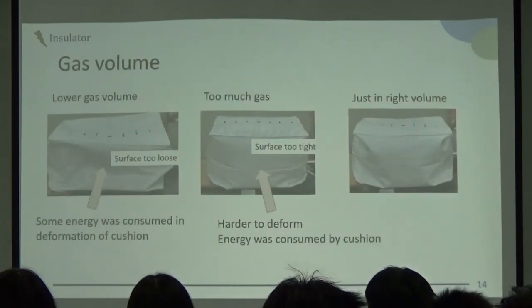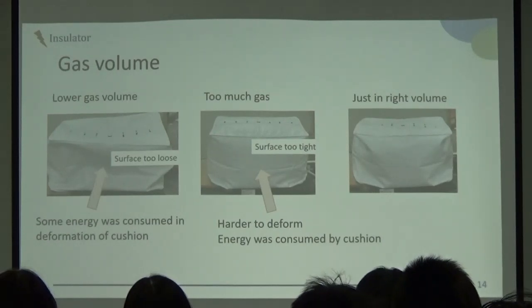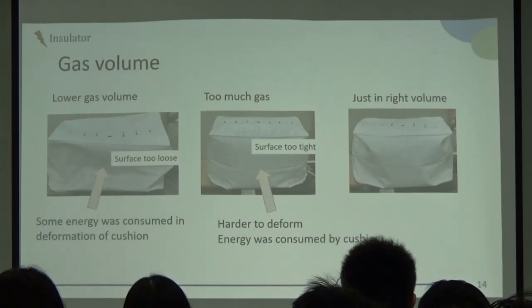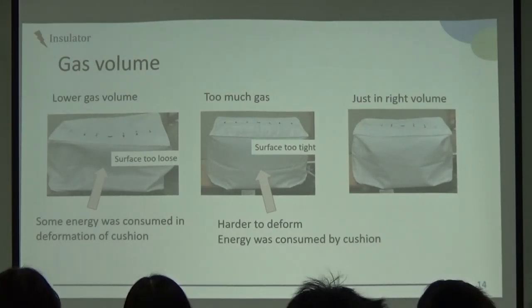When the gas volume in the cushion is too low, which means the surface is too loose, the gas in it cannot hold the cushion. So some energy will be consumed in the deformation of the cushion, because with less gas volume it gets easier to deform. And when the gas volume is too much, the surface is too tight, which means it's harder to deform.